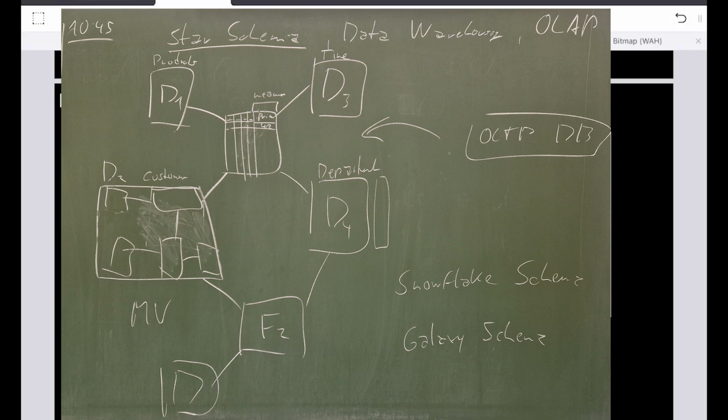And those dimension tables would represent semantics like customers, products, some sort of time dimension, and this could be geographic area or whatever department or something like that. Yeah?